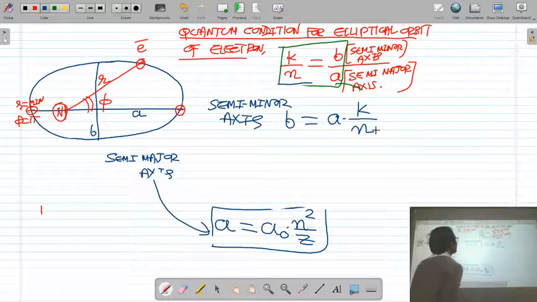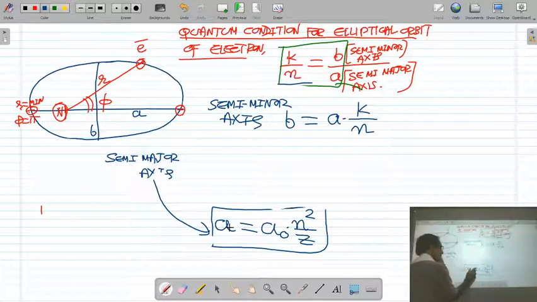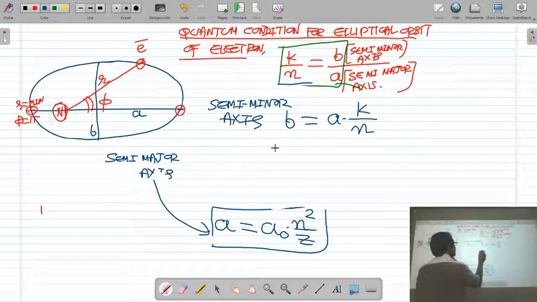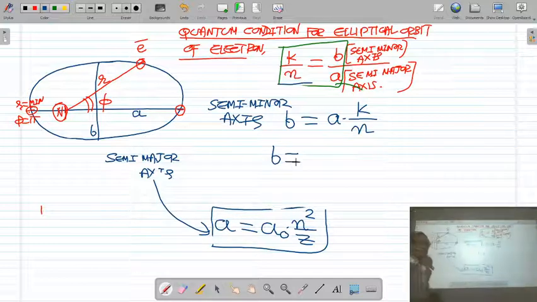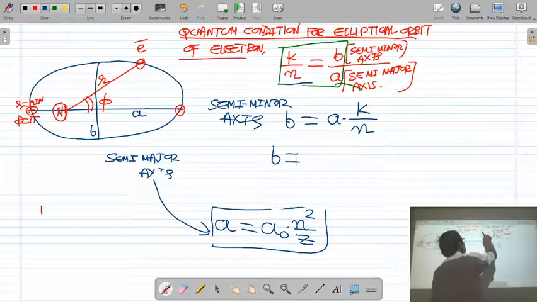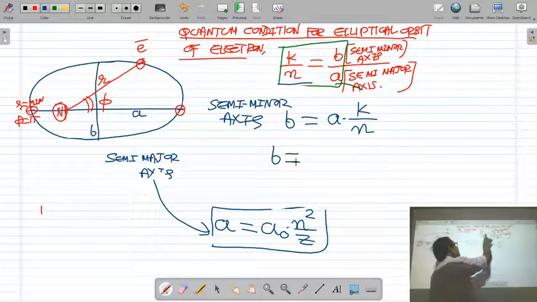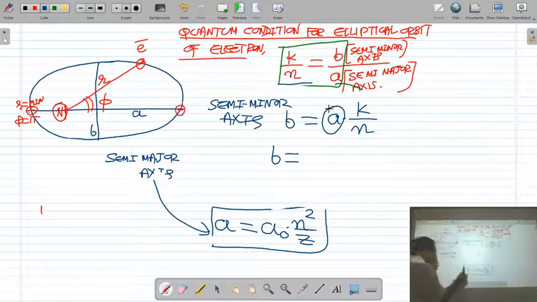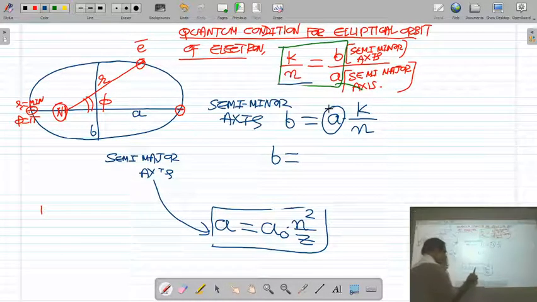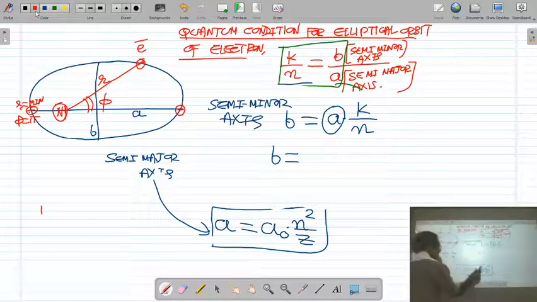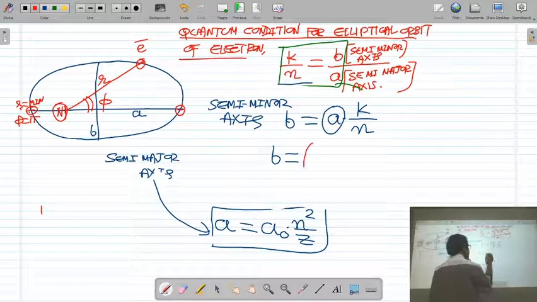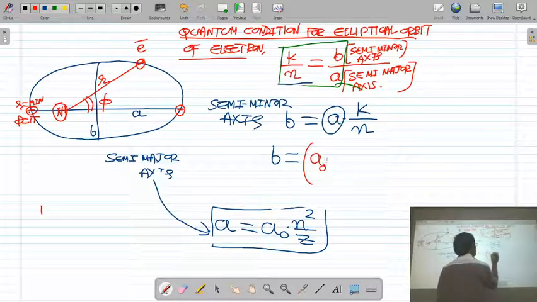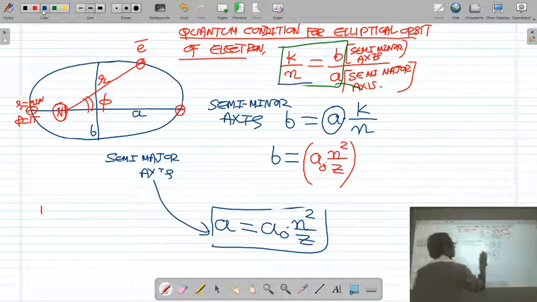Now let us substitute the value of a in this equation. What is the value of a? The semi-major axis is a0 n square upon Z. So let us put this into k upon n.